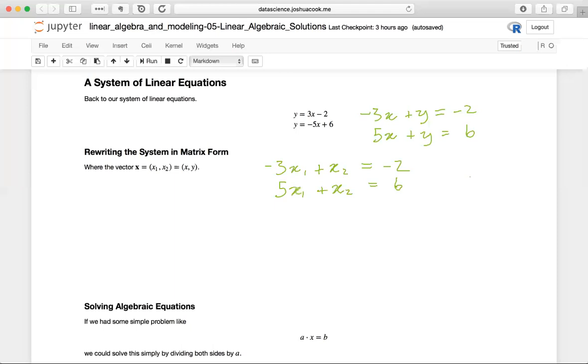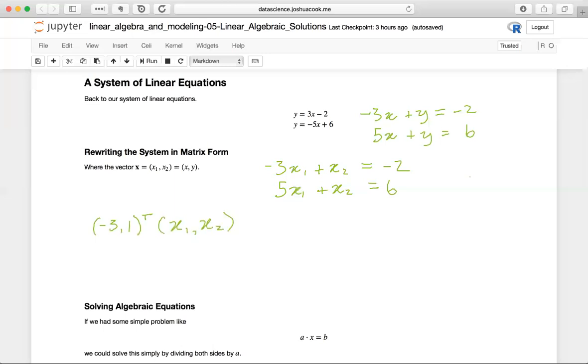Okay, and I'm going to be using the dot product here to make these. It's sort of weird to think about, but this is a dot product. So this first equation is going to be the same thing as the vector negative 3, 1 transpose times the vector x1, x2.